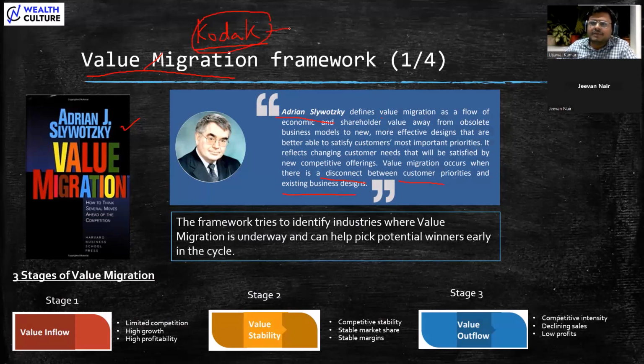Not that people are not clicking pictures anymore, but Kodak as a company is not in the frame right now, right? So it's very important as investors to understand these value migration themes, because we don't want to be stuck in a company from which value is migrating out, right?